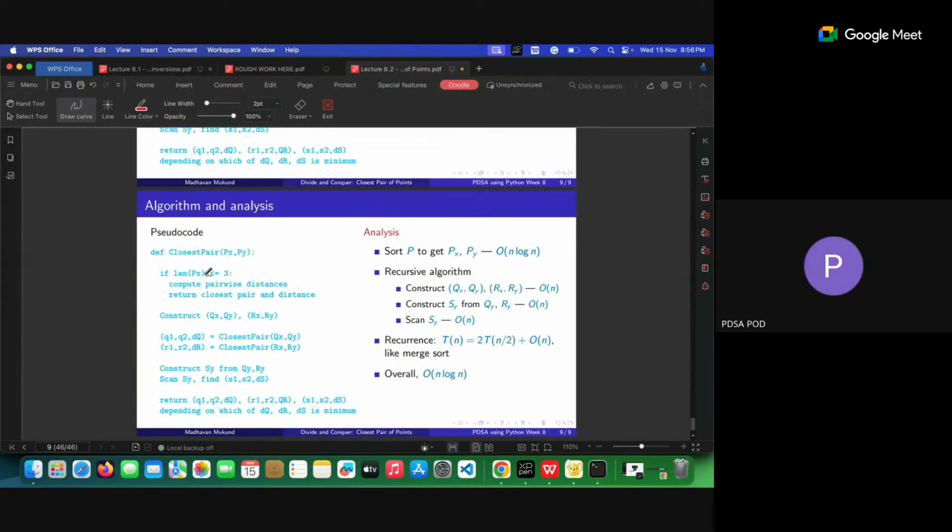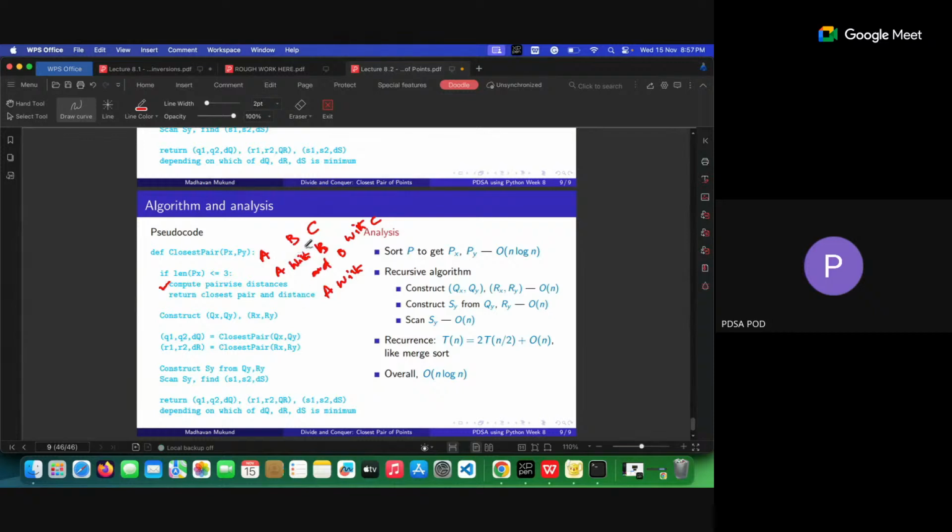What he wants to tell you in this pseudocode is, if Px has only 3 points, meaning we have point A, point B, and point C, you compare A with B, B with C, and A with C. So within 3 comparisons we compute the pairwise distances.